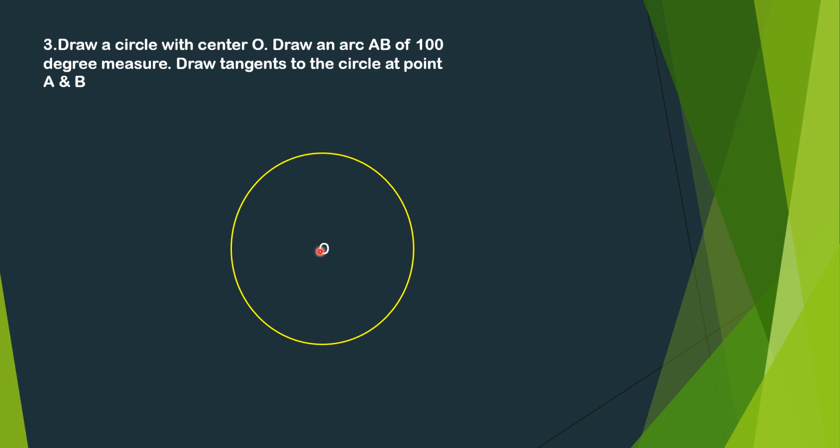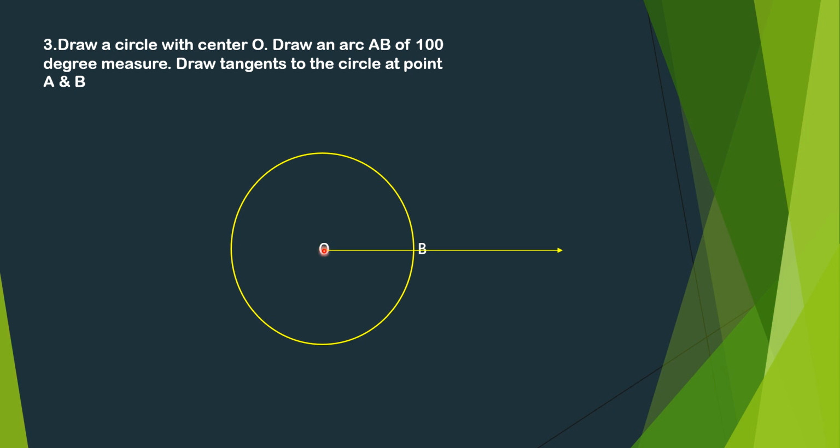So let's first fix the point B on the circle and draw a ray. Now we have to draw a central angle of 100 degree. So we have to make an angle at O which is called a central angle of 100 degree.